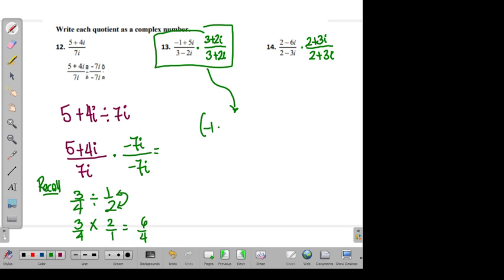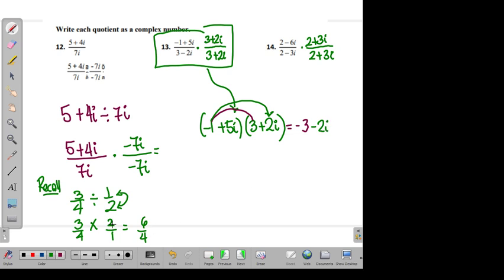Yes, of course I can multiply that. It's so simple, right, Mr. Pineda? Okay, you ready? This one times that one is going to give me -3. That one times this one is going to give me -2i.